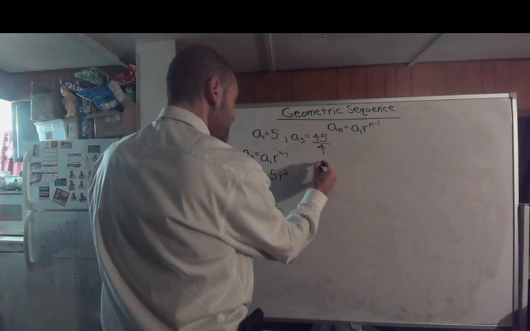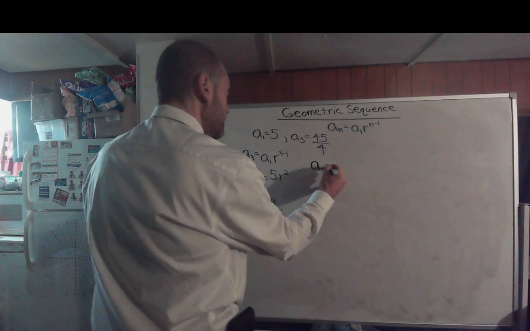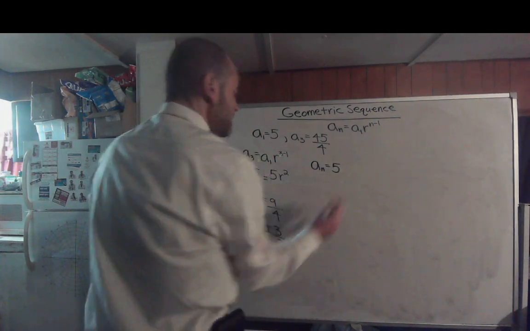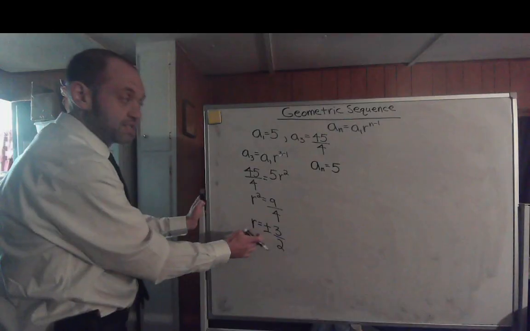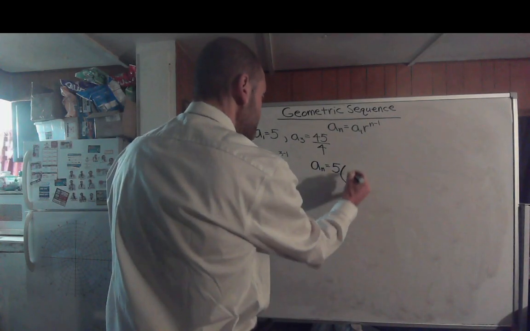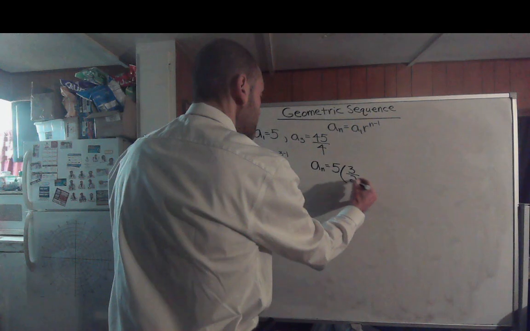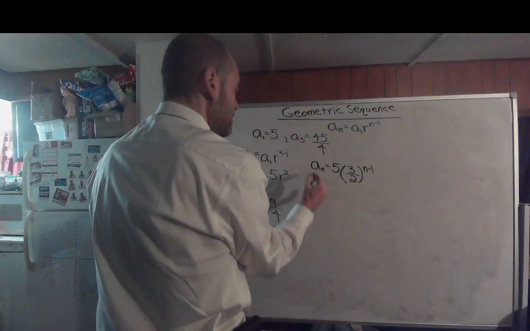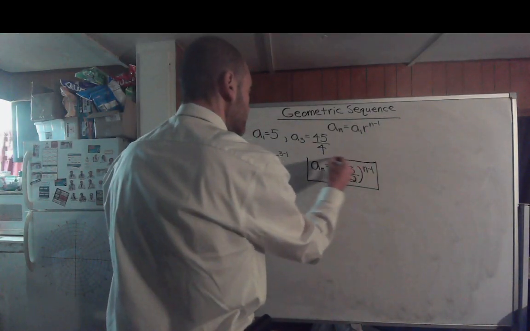So a sub n equals our a sub 1, which is 5. Now let's go based on the positive 3/2 first, times that 3/2 to the n minus 1 power. That is one possible formula.